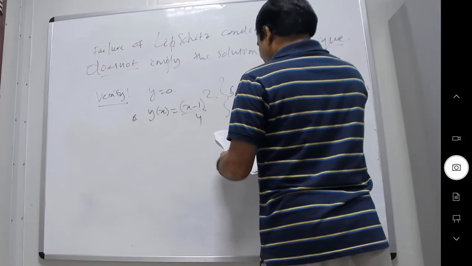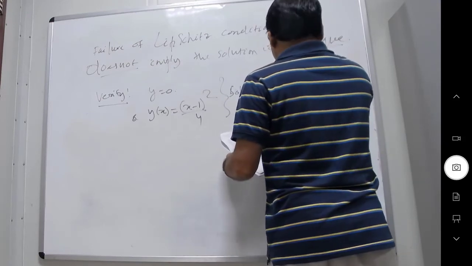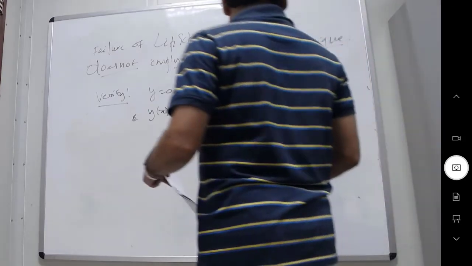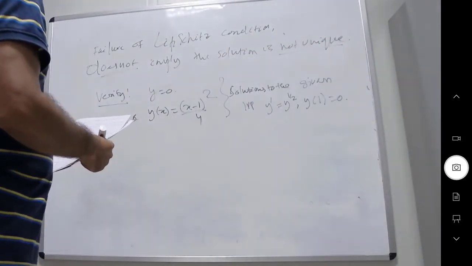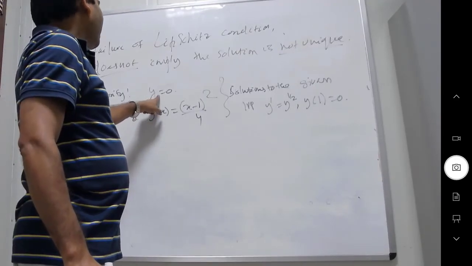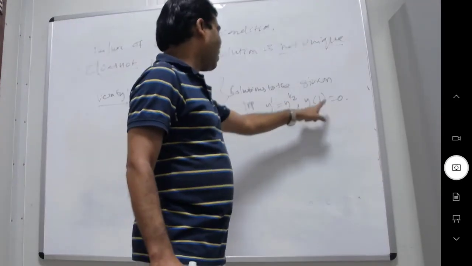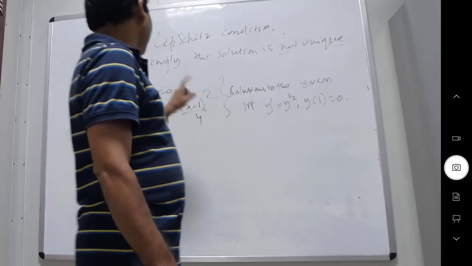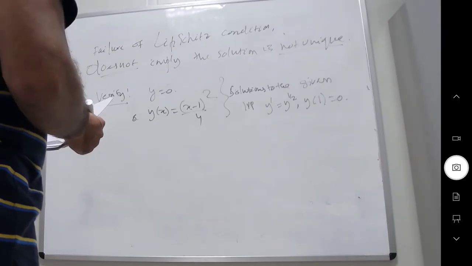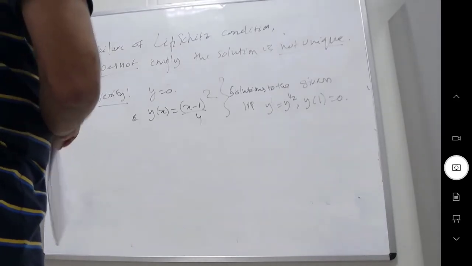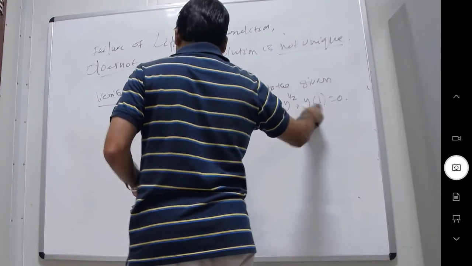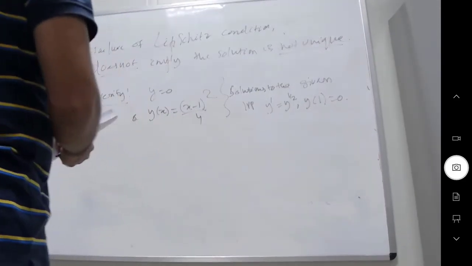What is the IVP? y dash equal to y to the power half, y of 0 equal to 0. So at any point you take, this condition is satisfied, and the derivative is also 0. So both sides are 0. Satisfied? This is also satisfied. Hence 0 is a solution.